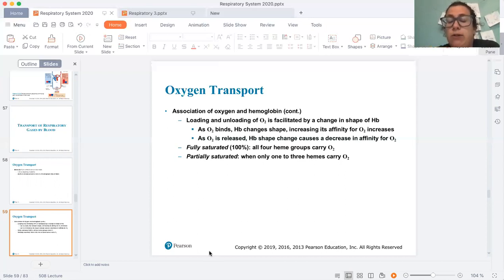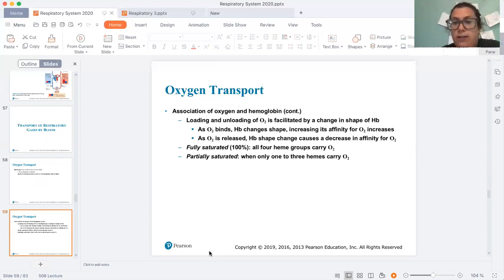So when we're looking at what's called oxygen saturation, you might have heard a lot about that during COVID. It's seeing how many oxygens each heme group is carrying. Fully saturated is 100%. We actually don't want you at 100% at all times. The typical oxygen saturation for a healthy individual is anything above 95 to 100, and it changes with age.